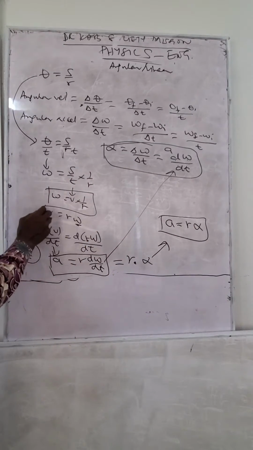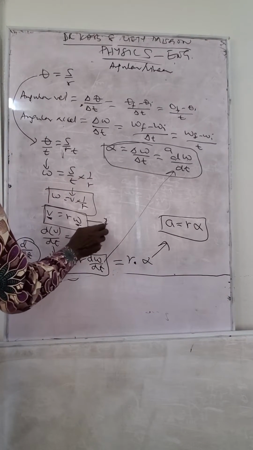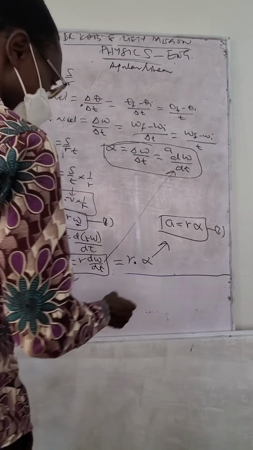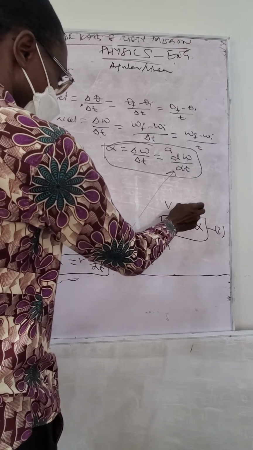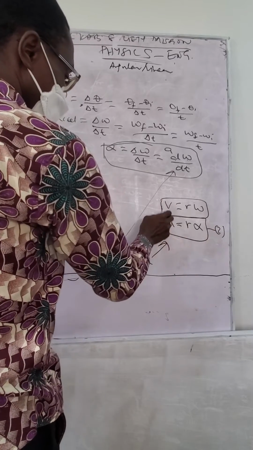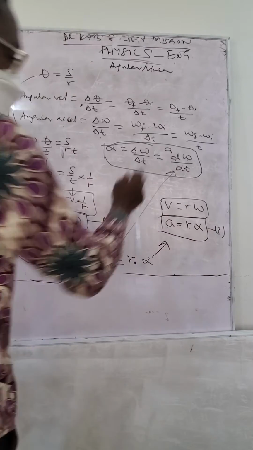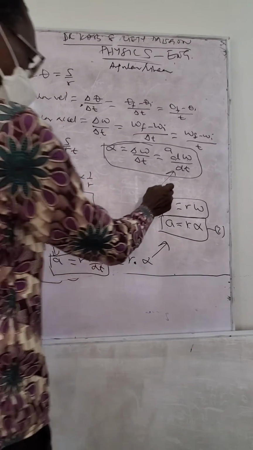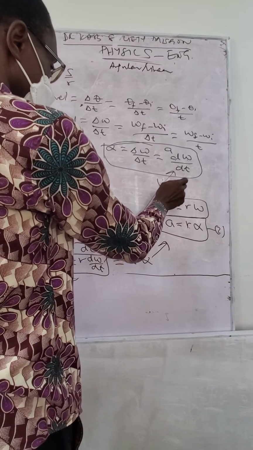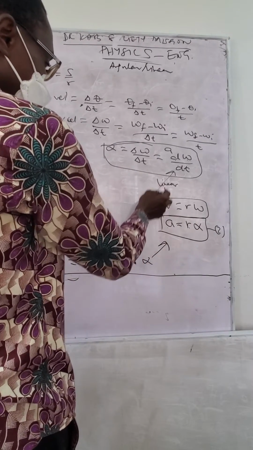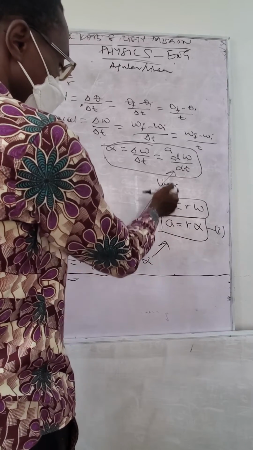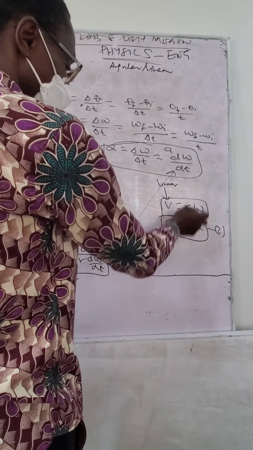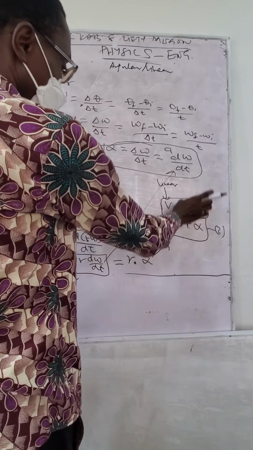So this was the first equation. This is the second equation. Look at it carefully. What do you see? v is equal to r omega, and a is equal to r times angular acceleration. So you see that these are the linear quantities, and these are the angular expressions.